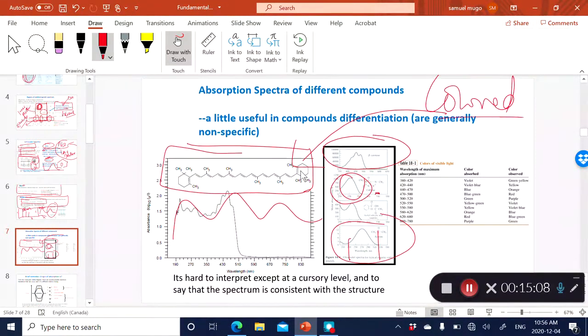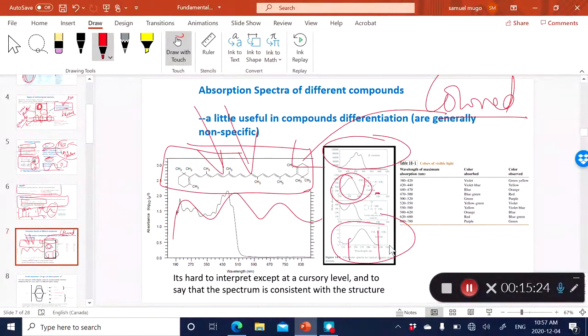And the reason they are colored is because they are likely to absorb visible radiation. So that's why beta carotene is colored. But hexane is not colored because it's not absorbing anything in the visible range.